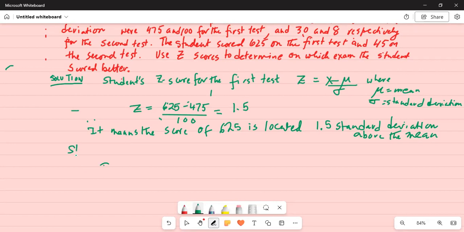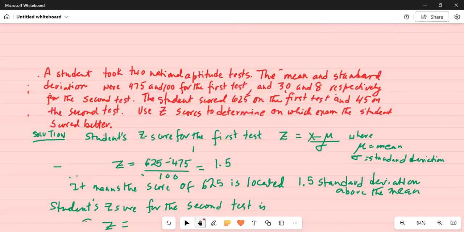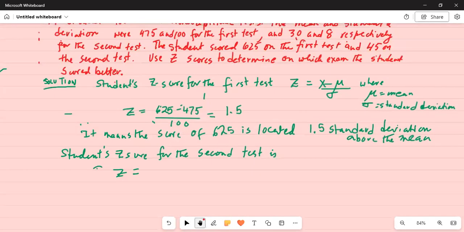So the student's Z-score for the second test is Z is equal to, what was the student's score? 45, right? If I'm not mistaken, let's take a quick look. Yep, 45.